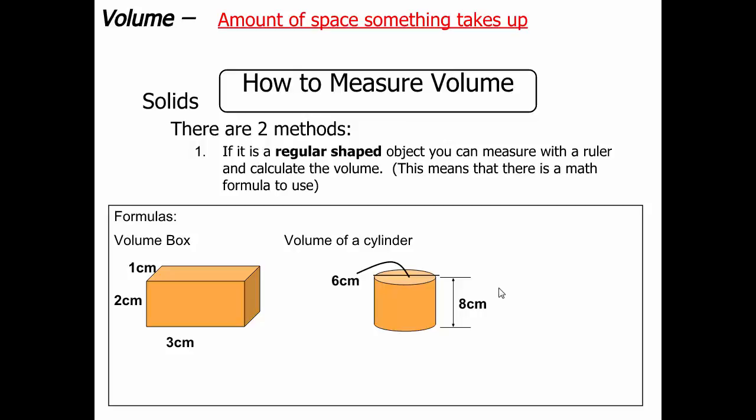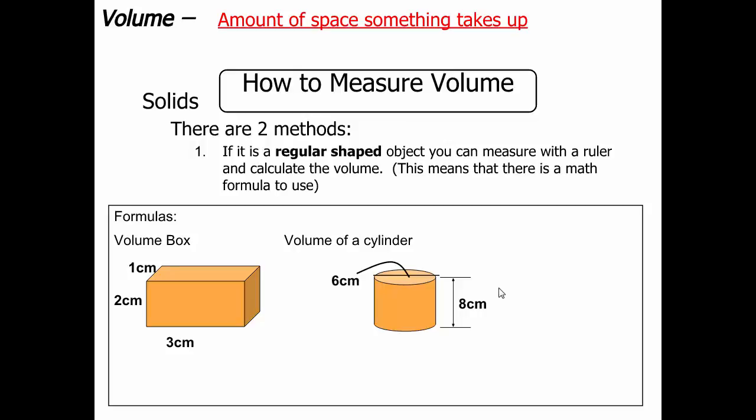What do we call this? Cylinder. And so for these regularly shaped objects, we can very accurately calculate their volume using some formulas, using some math. And I know that these are probably formulas that you have seen before.